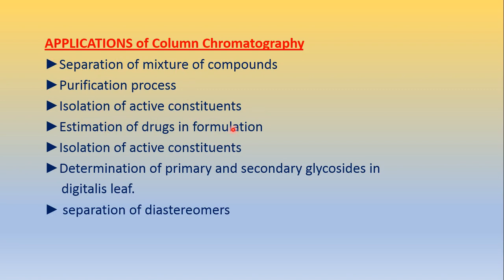Isolation of active constituents, estimation of drugs in formulation, which type of drug molecules are present in our formula and their estimation, determination of primary and secondary glycosides in GTLS leaf, separation of diastereomers.